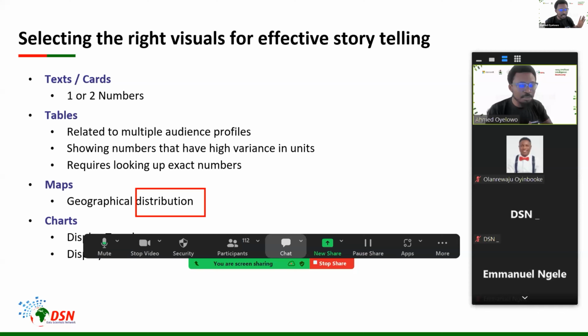When you check the weather map, for example, they are going to show you how maybe there is rainfall in this region, no rainfall in that region, because it is easier for you to understand it that way.